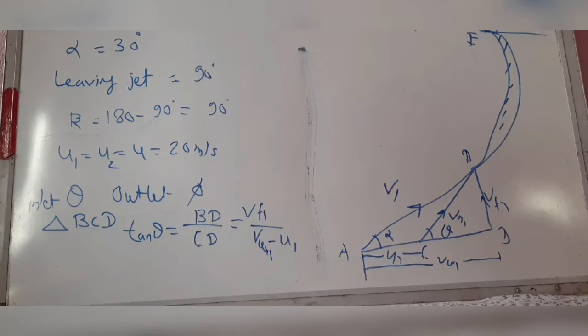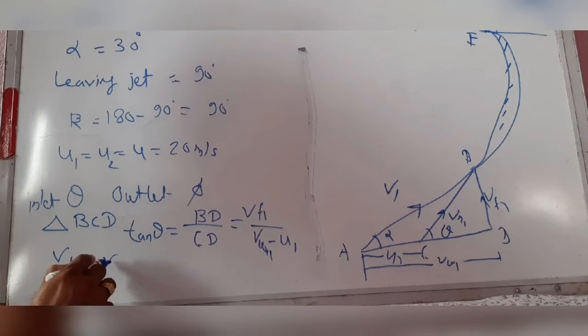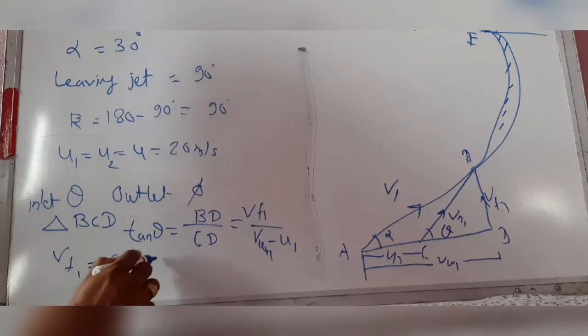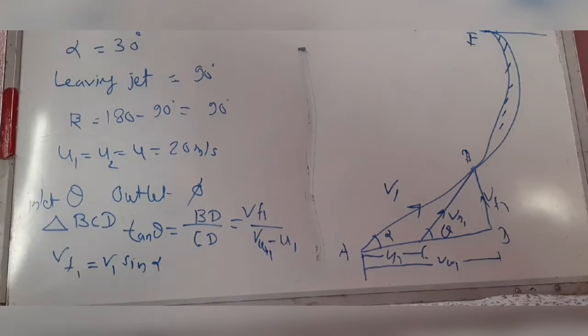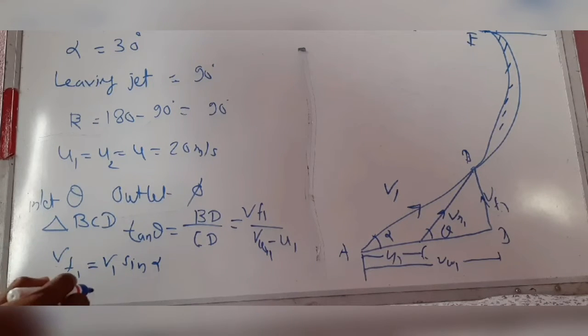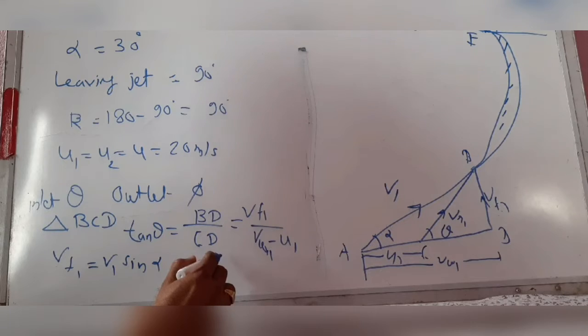Now here we can put the values. VF1 is equal to V1 sin alpha, that is equal to 40 sin 30.